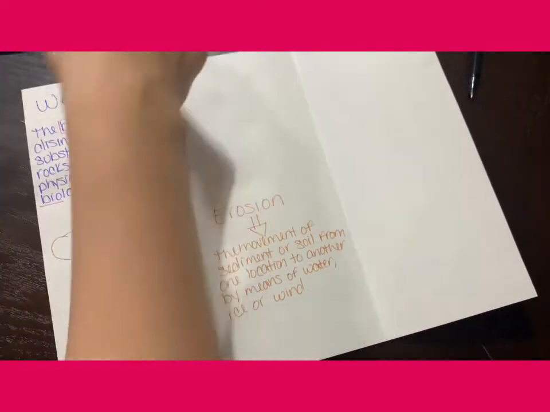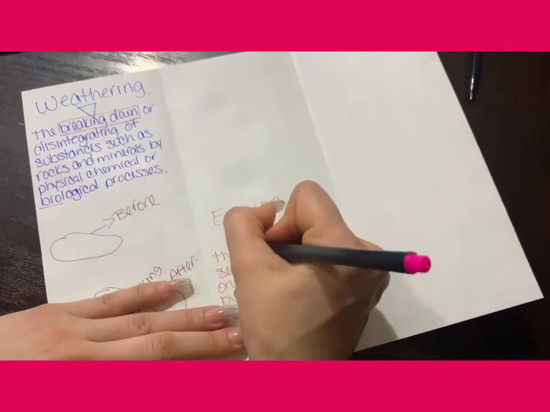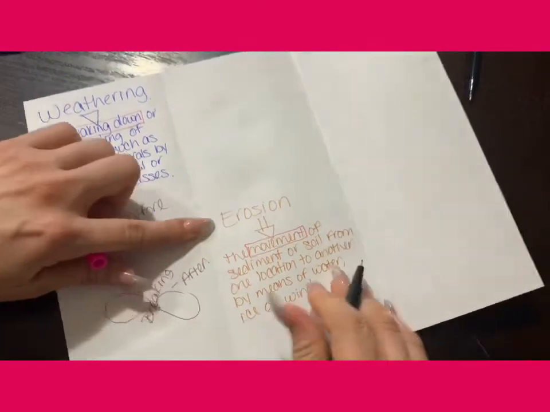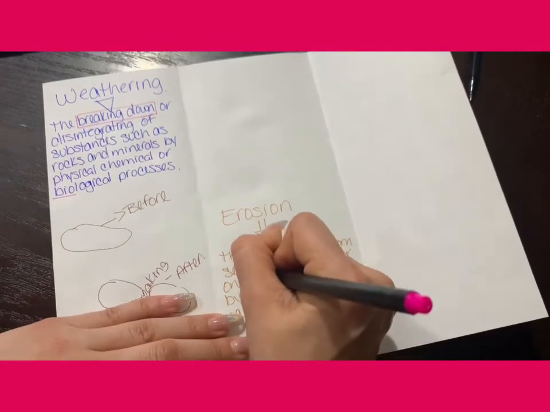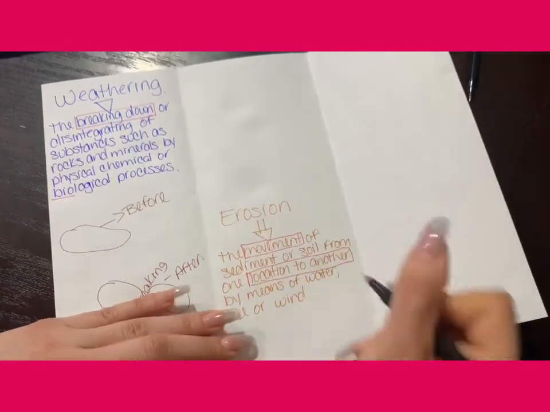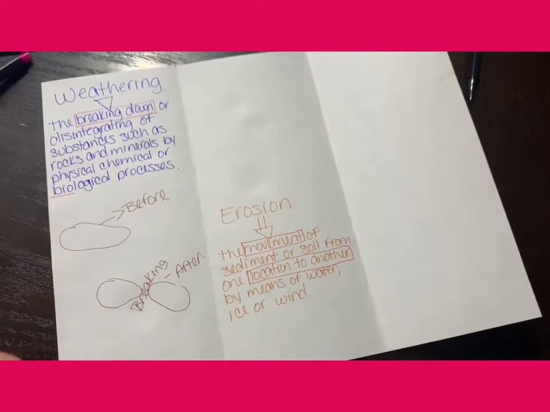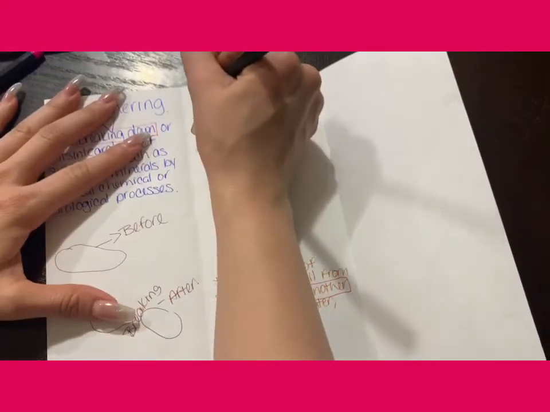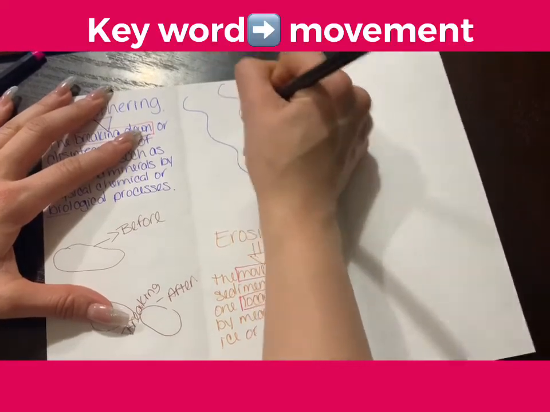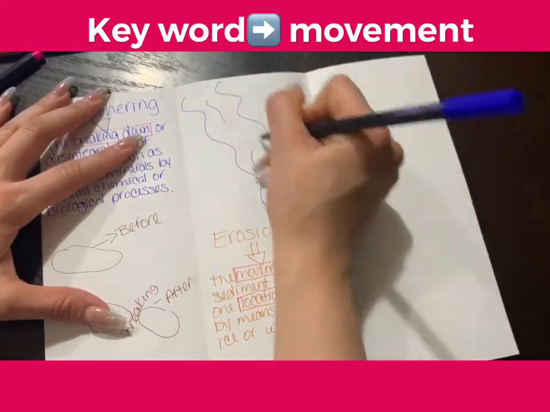So here, what are my keywords? My keyword is movement. Erosion is a movement from one location to another. So here, my best illustration would be a river, right? I'm going to draw a river. I have water flowing.